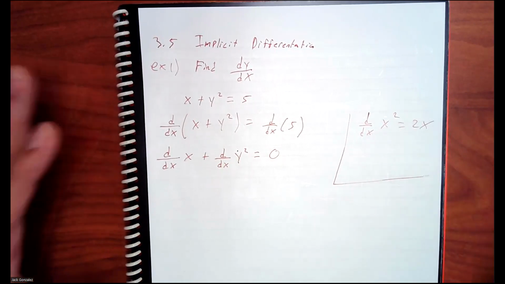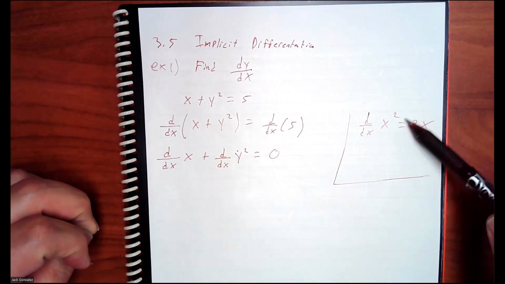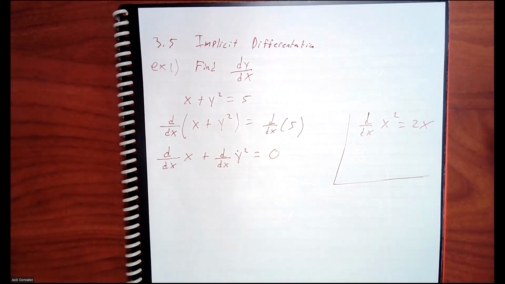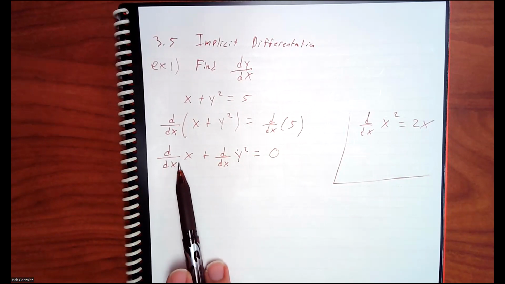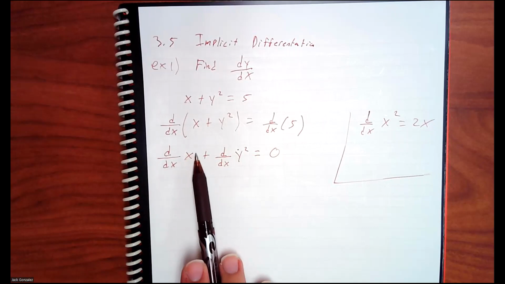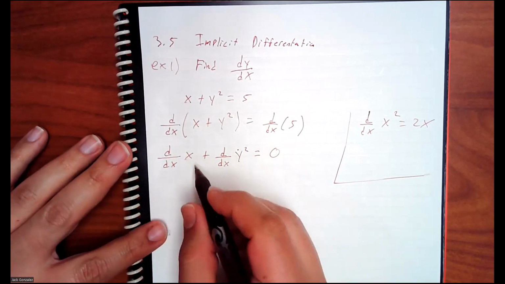Because they match, you don't do anything special or different. It's the same business as usual, like we've been doing the last 6 sections. So the derivative of x would be what? Right, there's no number in front. The power would become 0, and this is going to be a 1.